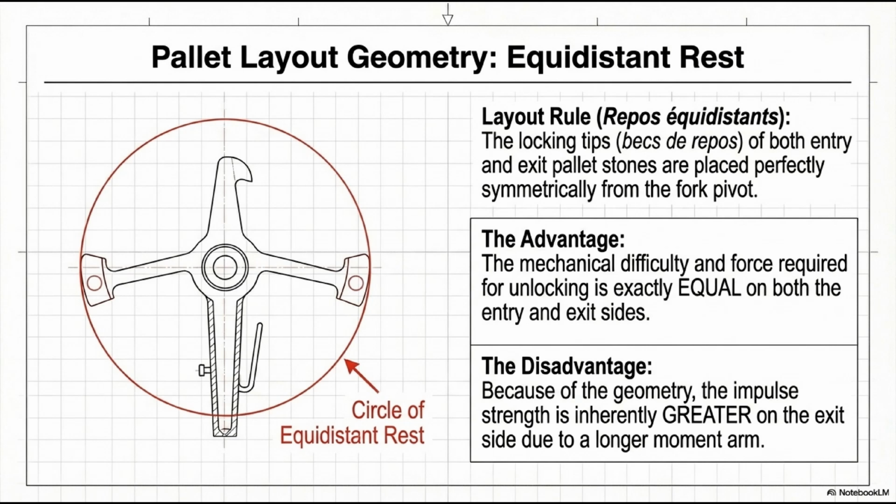The energy delivered to the balance is greater on one beat than the other. Asymmetric impulse. The balance is pushed harder every other beat. This creates a systematic isochronism error that accumulates into rate deviation over time. Equal unlocking, unequal impulse. Good geometry for one criterion, problematic for the other.